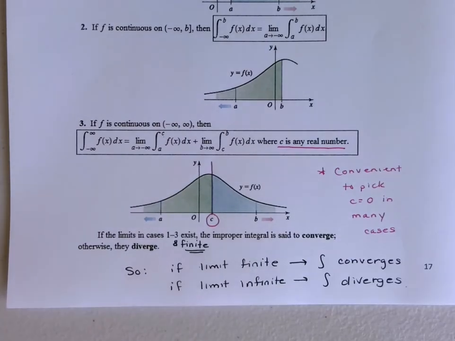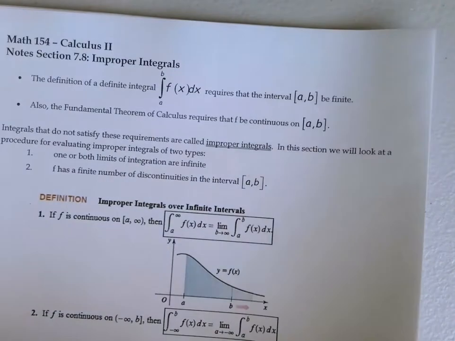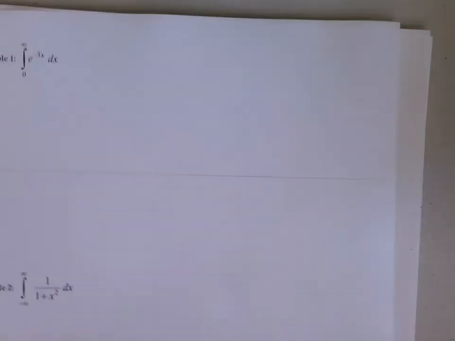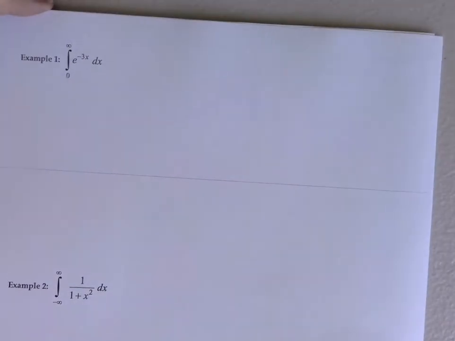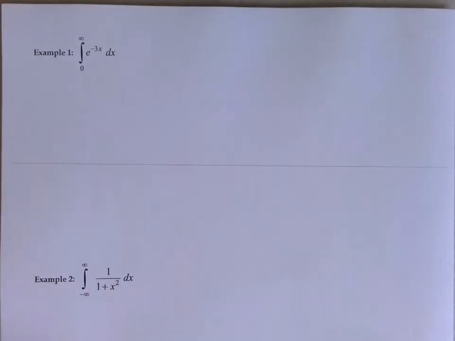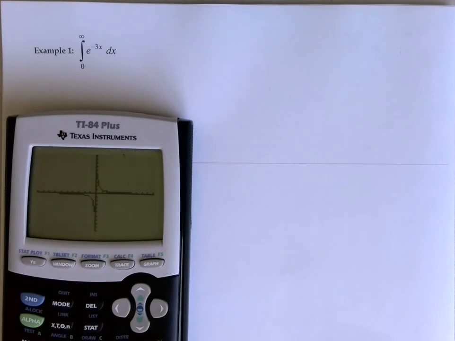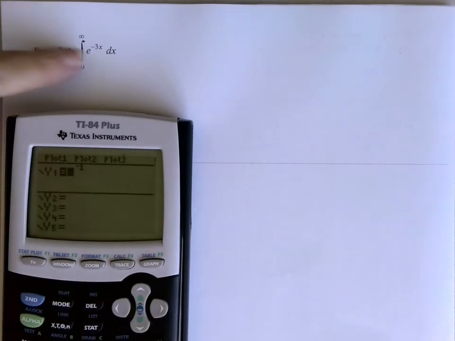All right, let's try a few examples. In our first example, it's our upper limit of integration that's infinity. And just to kind of get a picture of what's happening, let's do a quick graph of the integrand.